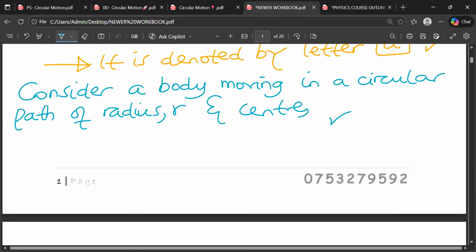The rest of the things we talked about before, the body moving from A to B. We're going to see everything.